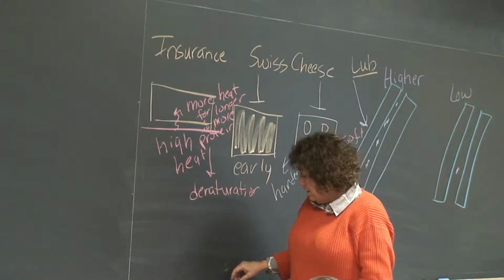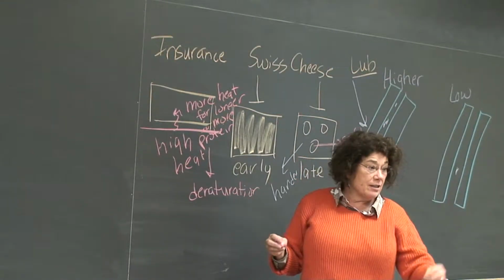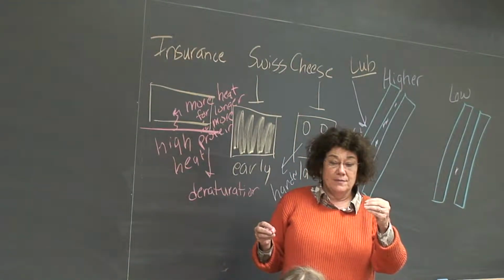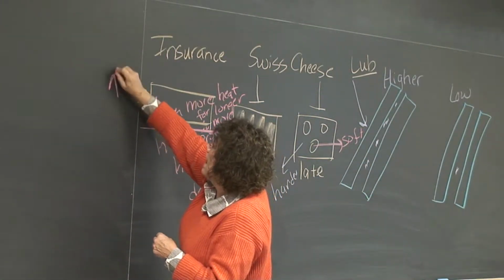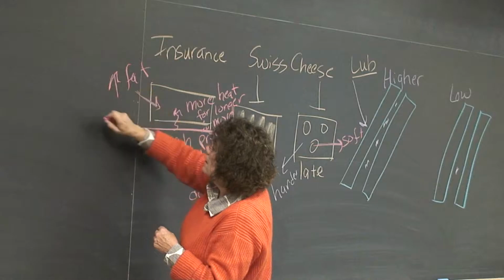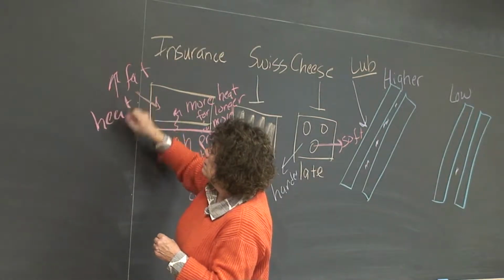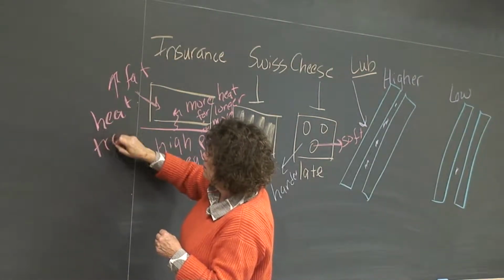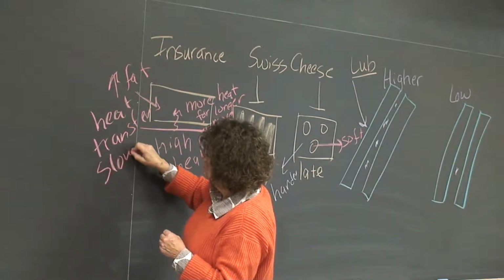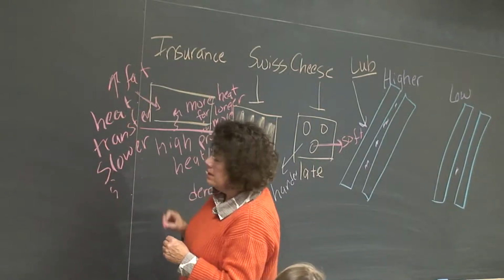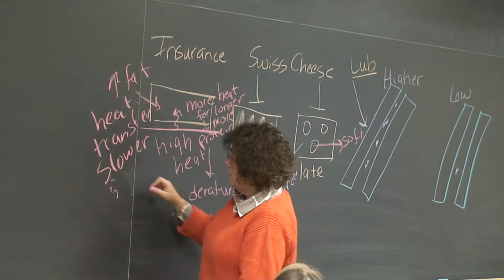So we know that fat is an insulator. So if we have higher fat, heat transfer is slower, and we have less heat denaturation.